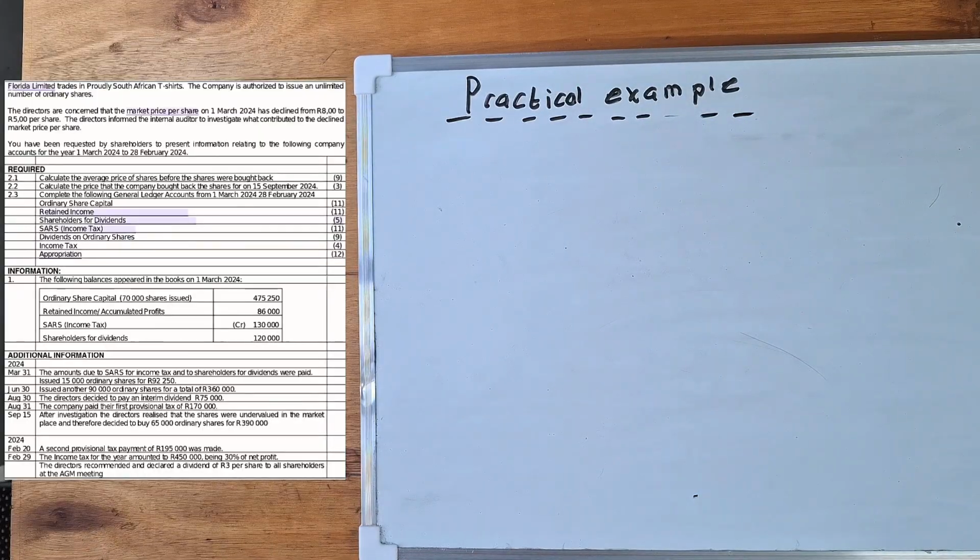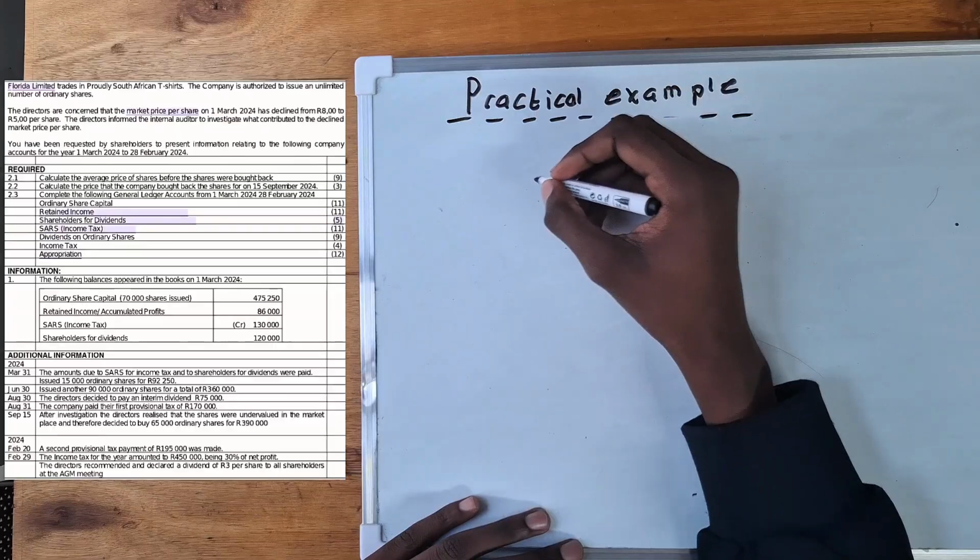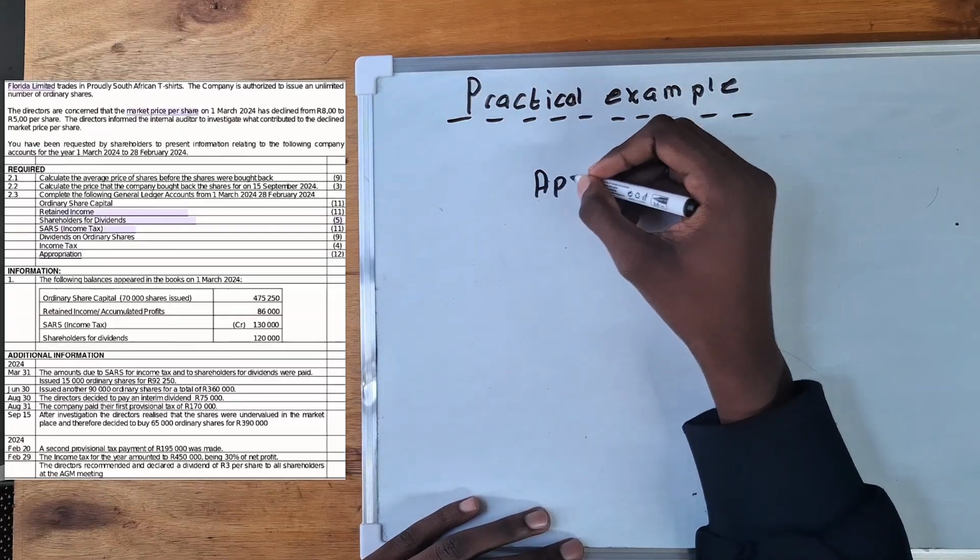So the last account is the appropriation account, right?